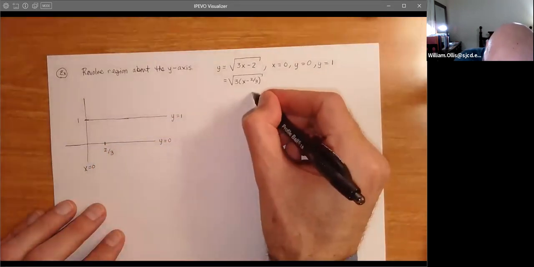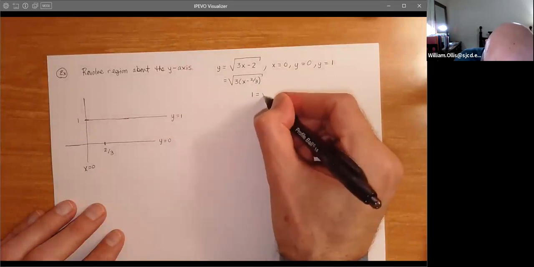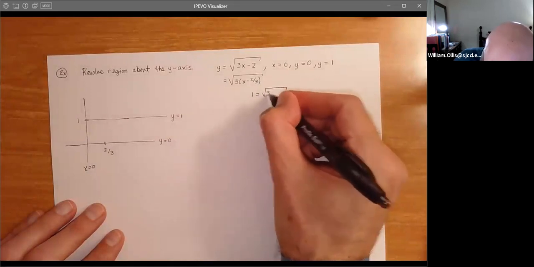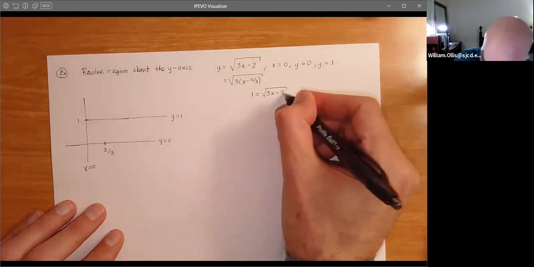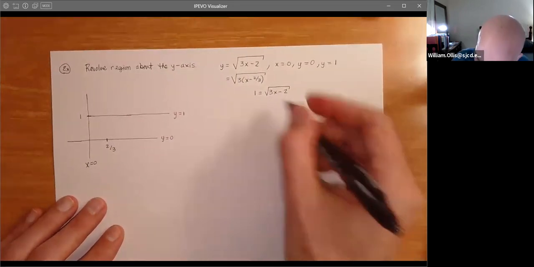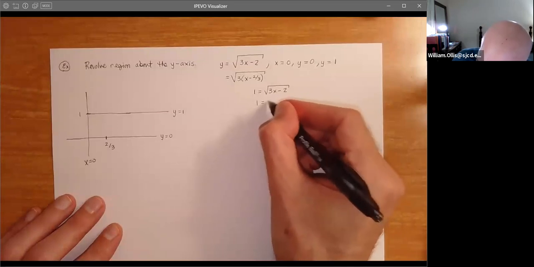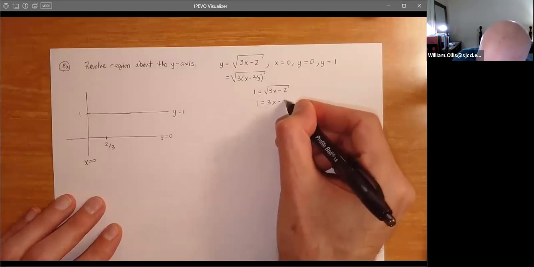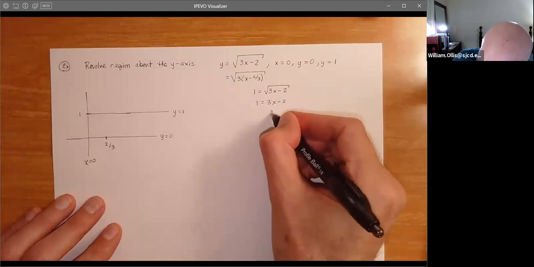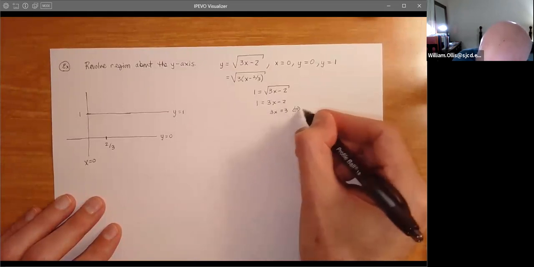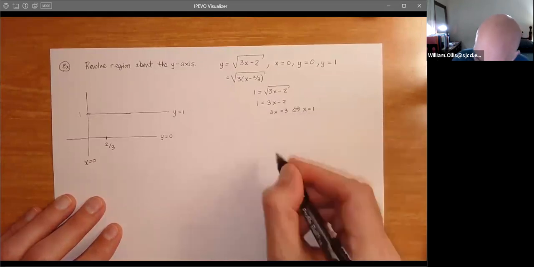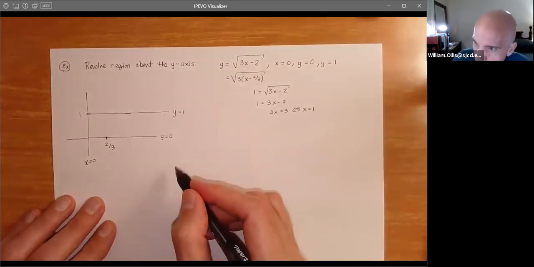And then, of course, we have 1 equals the square root of 3x minus 2. I know this is obvious. You can look at it and see what the answer is, but I thought I'd do this in case the numbers were not nice. So squaring it out, we get 1 equals 3x minus 2. So 3x equals 3, and of course, x equals 1. You could just stare at that and see that was the case.